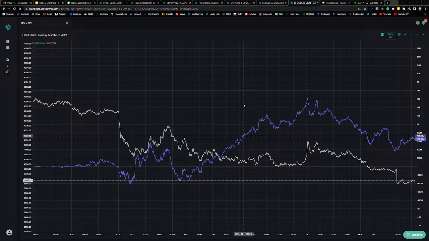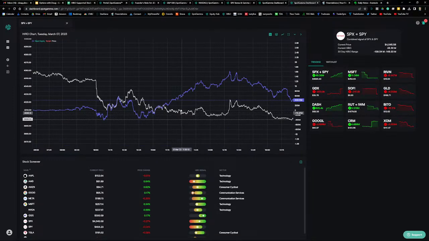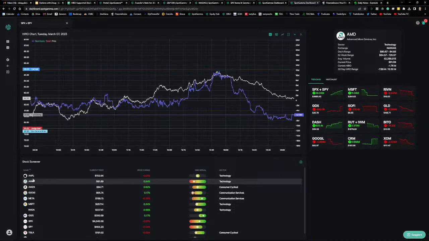Okay, so that's the S&P 500, and let's take a look at some stocks now. There are a couple of stocks bucking the trend, at least for a while. There's AMD.